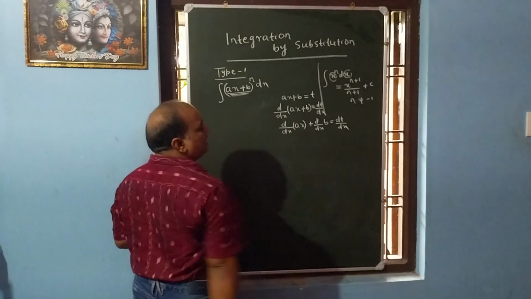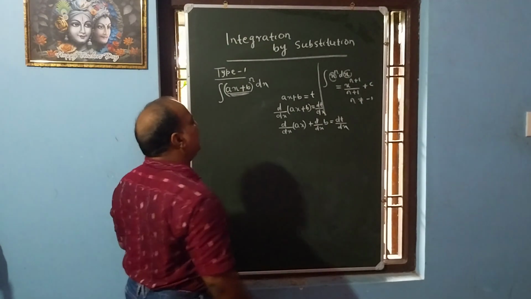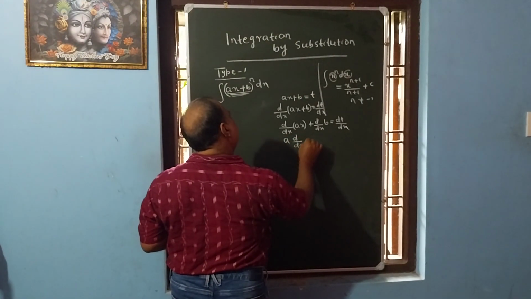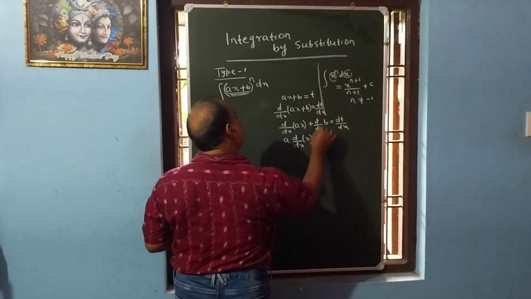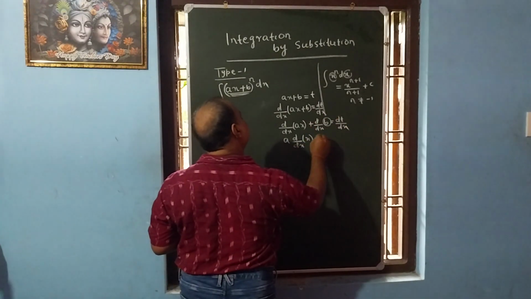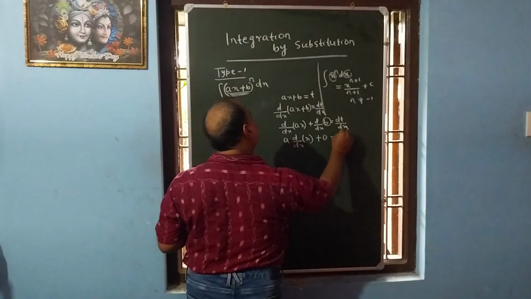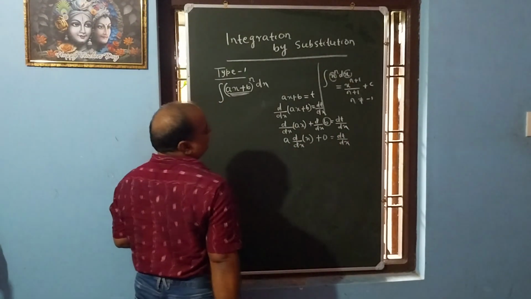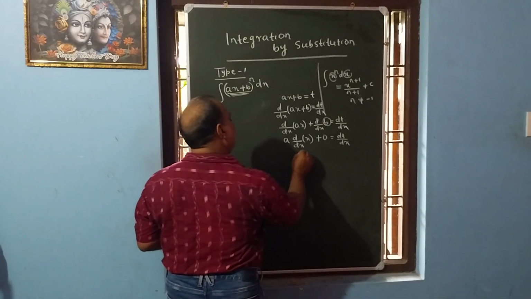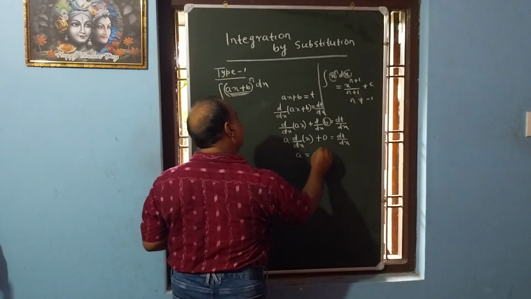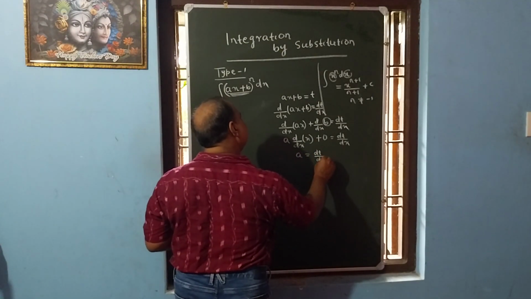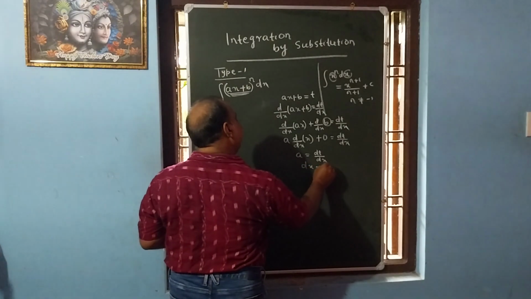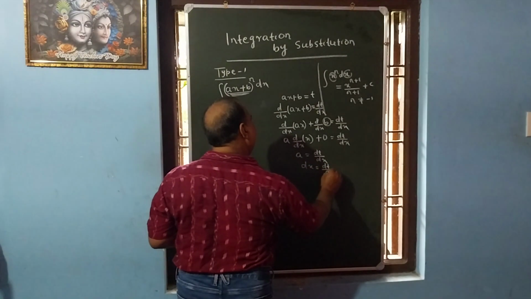So a is a constant that will come outside. We get a into d/dx of x plus the derivative of a constant, which is 0, is equal to dt by dx. The derivative of x is equal to 1. So a is equal to dt by dx. So dx is equal to dt by a.